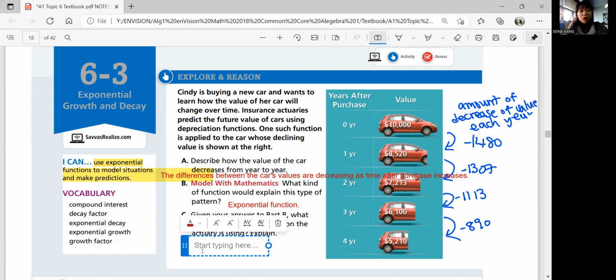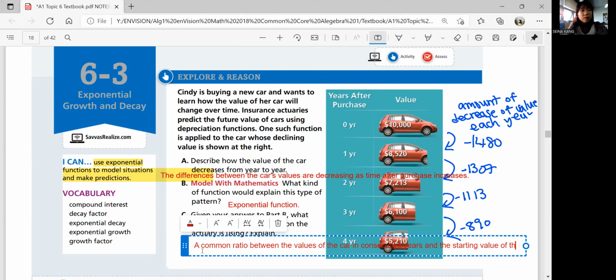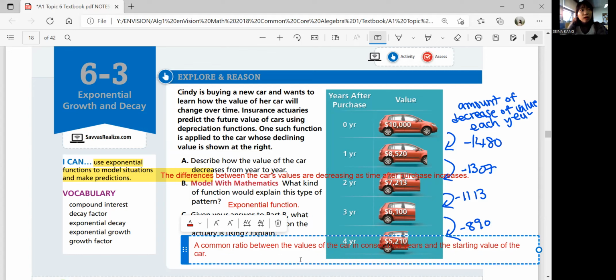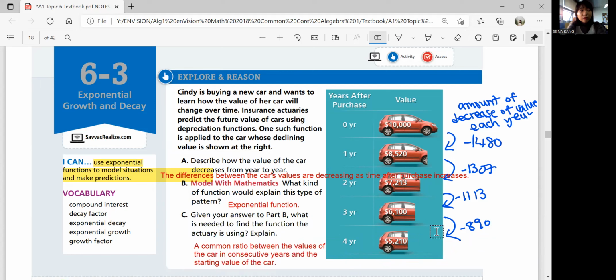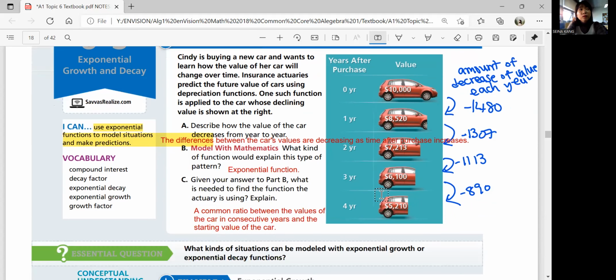We need to have a common ratio between the values of the car in consecutive years and the starting value of the car. Okay, these are the two values that we actually need in order to write the exponential function equation.